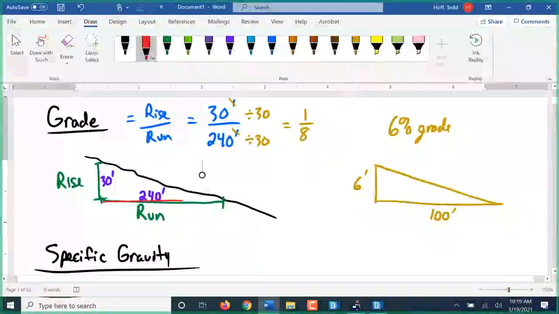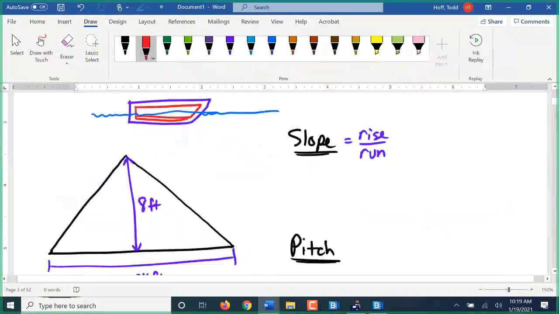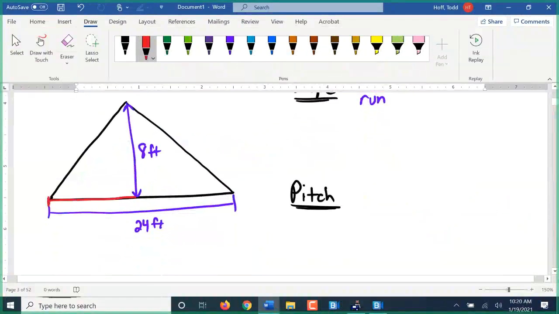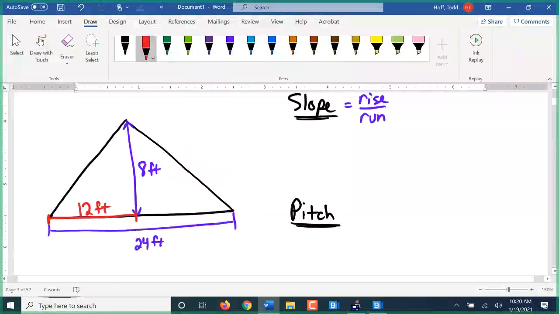Here, the run would go from here to here. In a typical standard truss, it's half the span, 12 feet. So the slope for this would be 8 feet of rise, 12 feet of run.